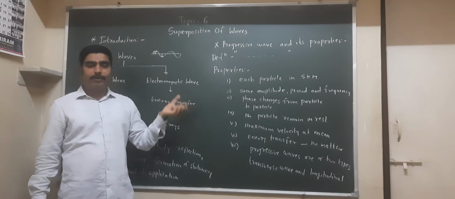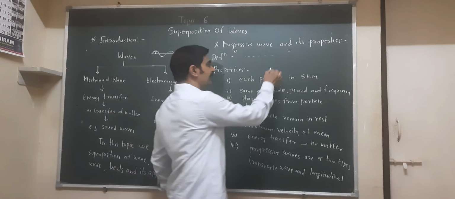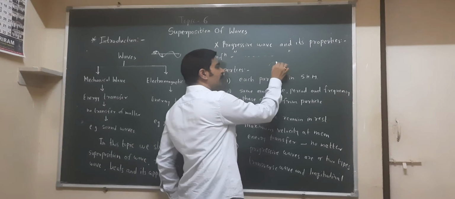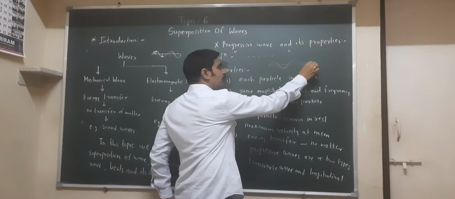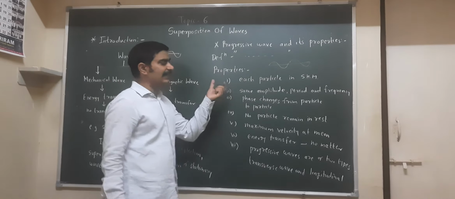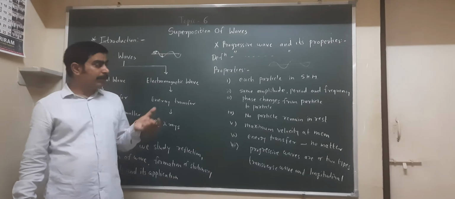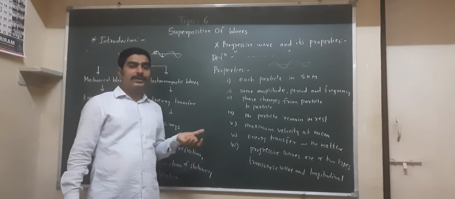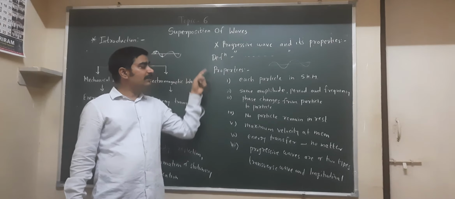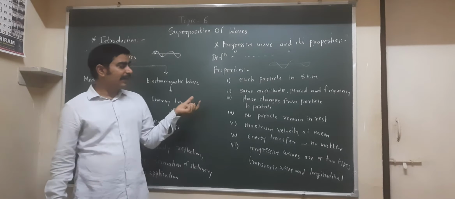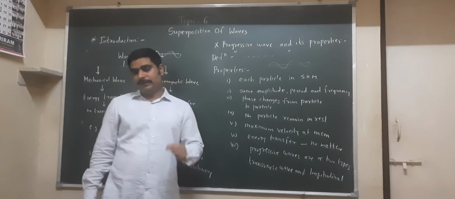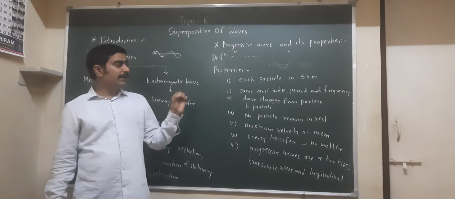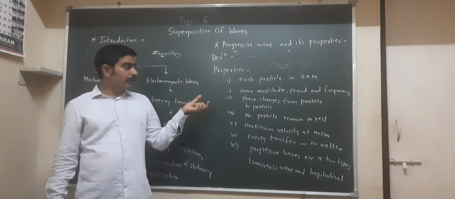Simple harmonic motion means it will be just like a sine wave. You can see that it is moving upward as well as downward, again upward and downward. That kind of motion we call SHM, simple harmonic motion. The second point is that the particles of a progressive wave have the same amplitude, period and frequency.